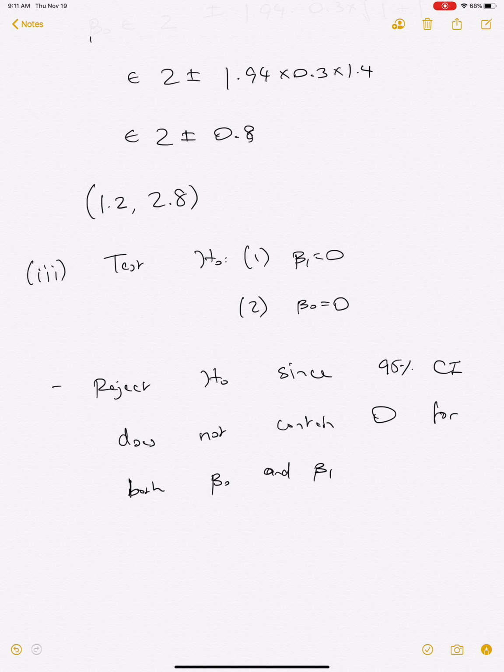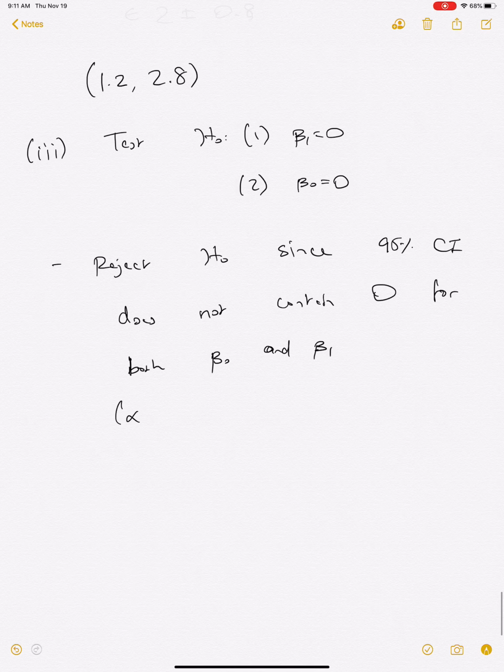Okay, so because alpha here equals 0.05, using the duality between hypothesis testing and confidence intervals, we can say that you're going to clearly reject the null hypothesis.